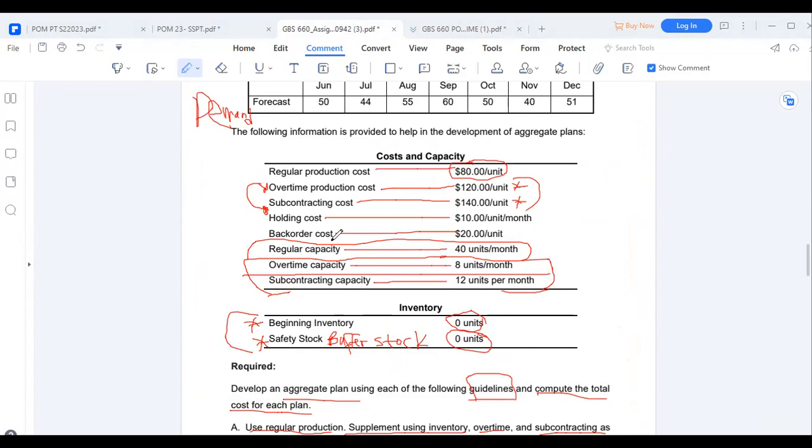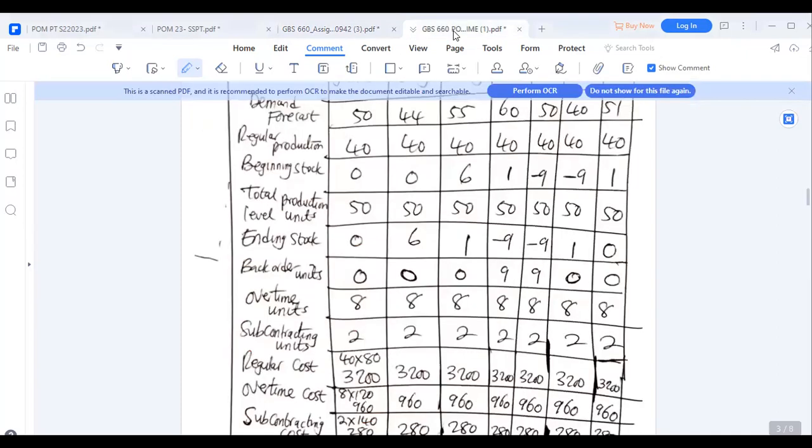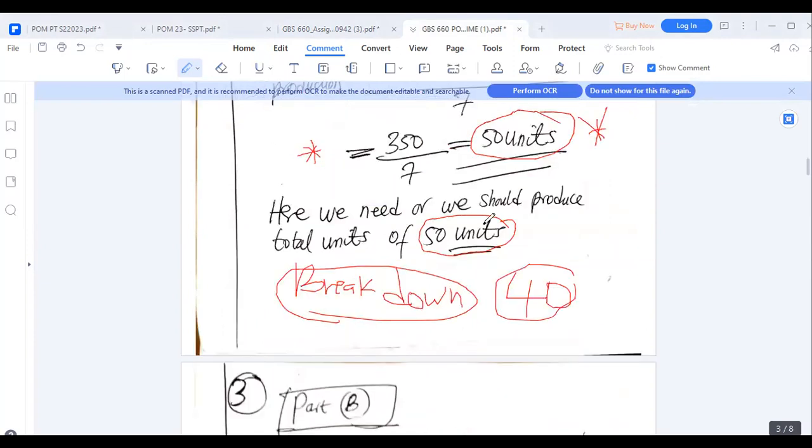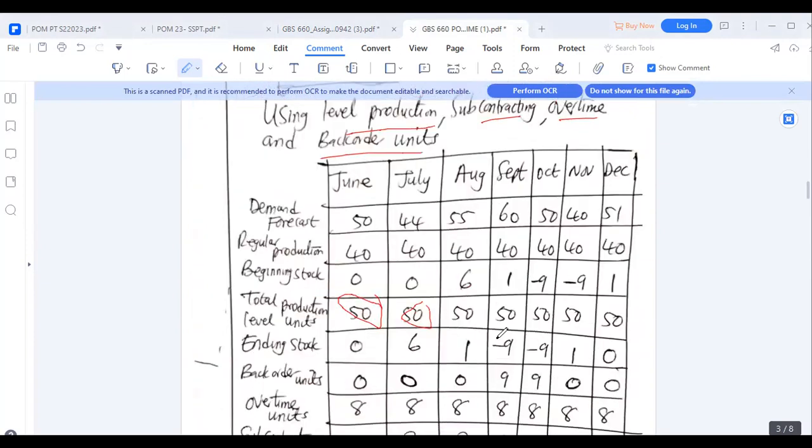So what we need to do now is that all the 8 units remaining, because what we're simply saying now is that we need to have a total production of 50. This one should be total 50 from the breakdown here. From this 50, on the regular basis we are producing 40 units.